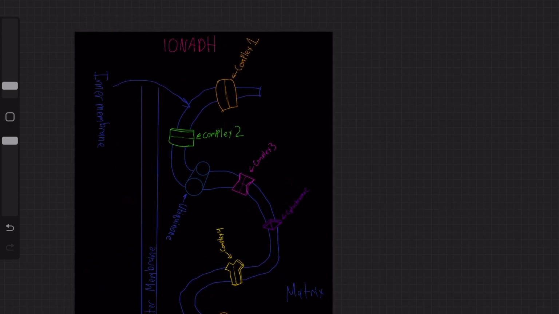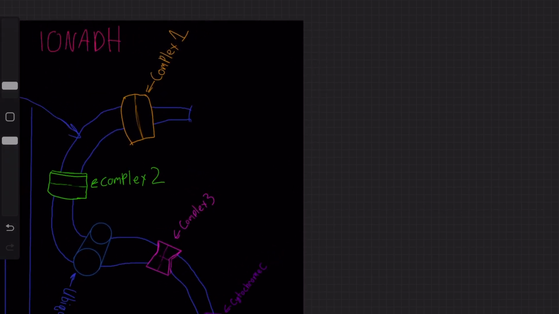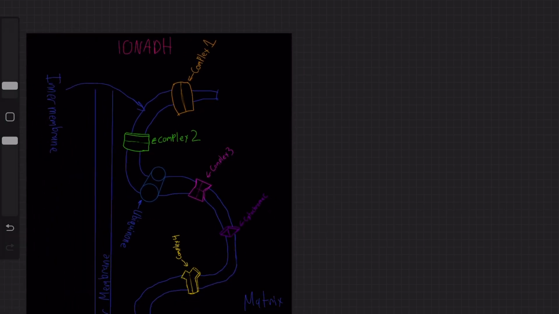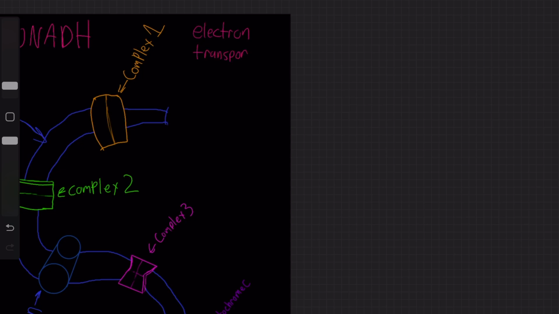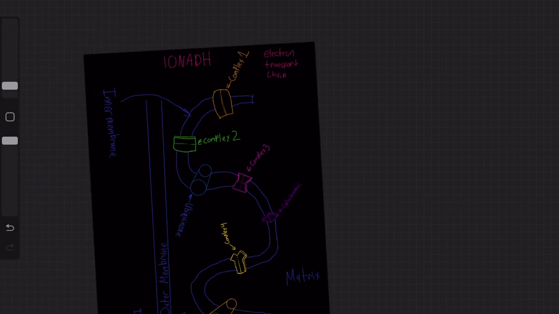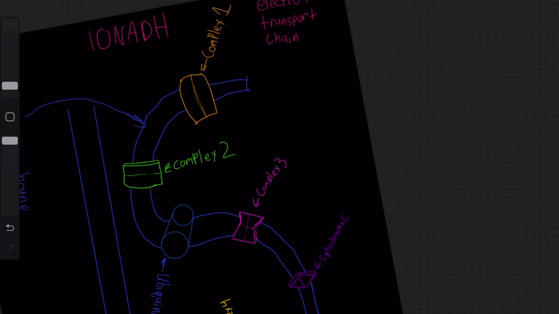So now we can start talking about the electron transport chain. The electron transport chain is the movement of electrons through these complexes. So let me write that. NADH is a full truck of electrons.